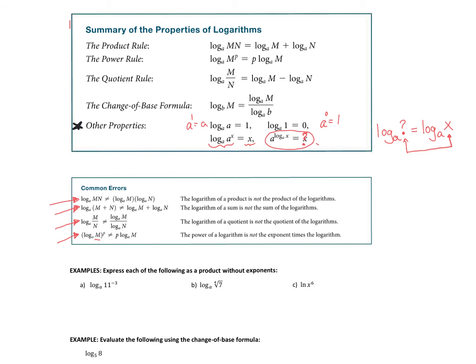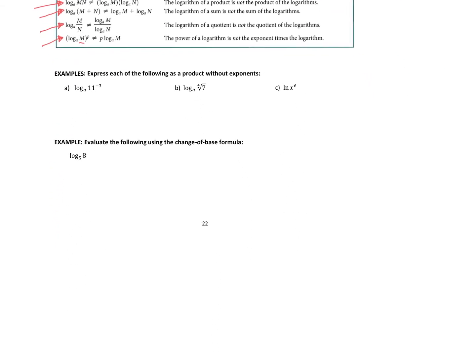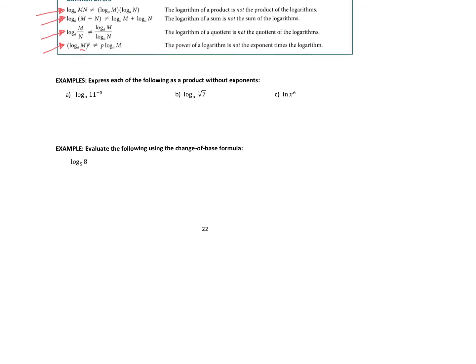So for our first examples, let's express each of the following as a product without exponents. So we're going to take this -3 and bring it down and get -3 log base a of 11. For this next one, I don't really have a rule for a fourth root, but I can rewrite a fourth root as a 1/4 power.